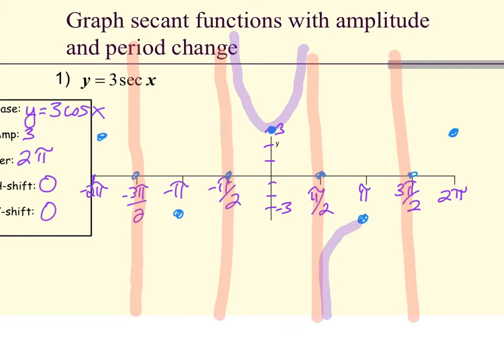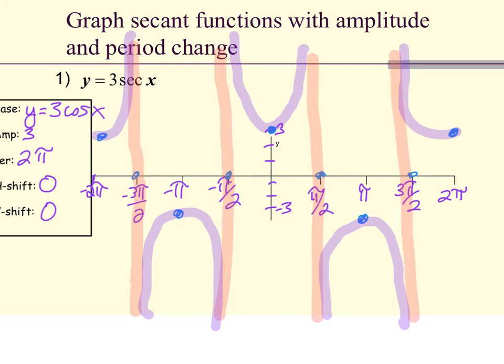The lower points we come from the bottom to catch. And that is your secant graph right there. Done. But notice we do have that underlying graph right here.